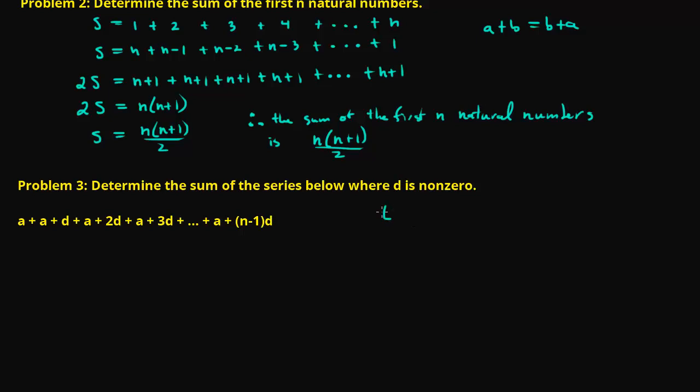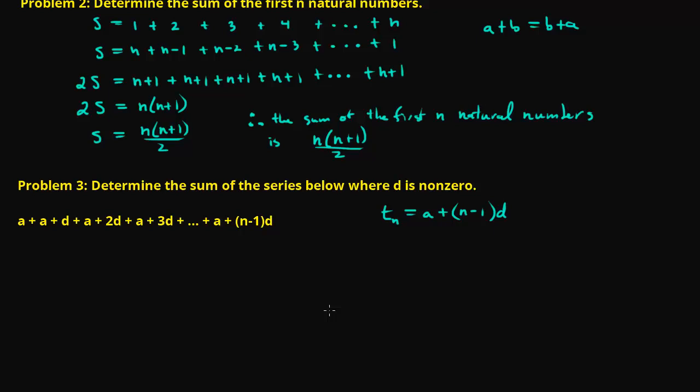Remember that the nth term of an arithmetic sequence is a plus n minus 1 times d, where a is the first term. It's also the nth term of an arithmetic series, because in an arithmetic series we're just summing the terms in an arithmetic sequence.